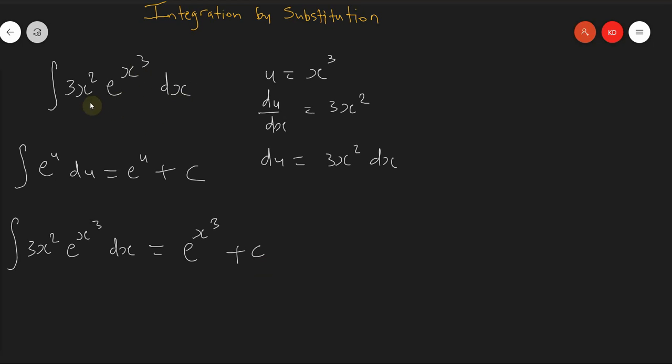You realize that 3x squared is the derivative of x cubed, and naturally if you're multiplying e to some power by the derivative of that power, then the integral would simply be e to whatever the power is. Let me just write what I just said.